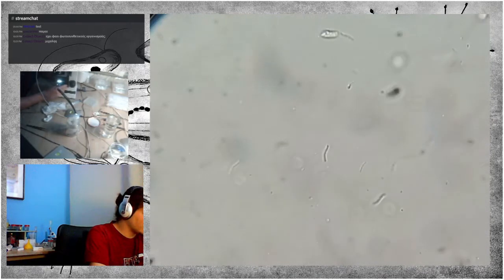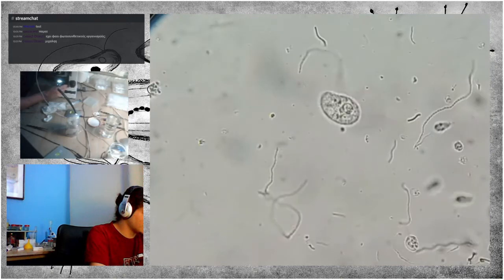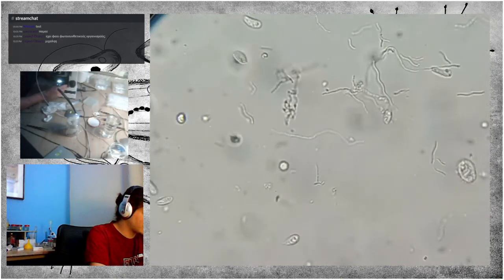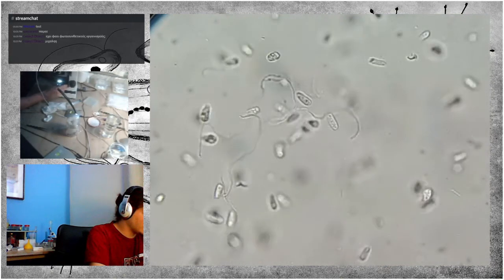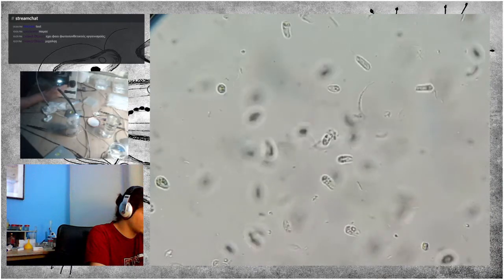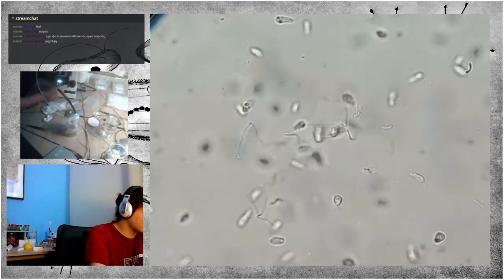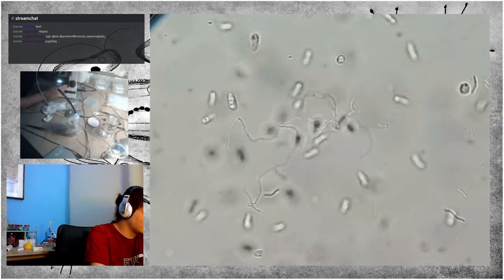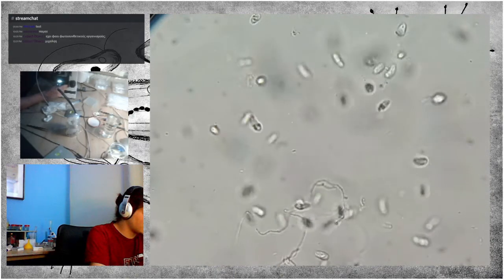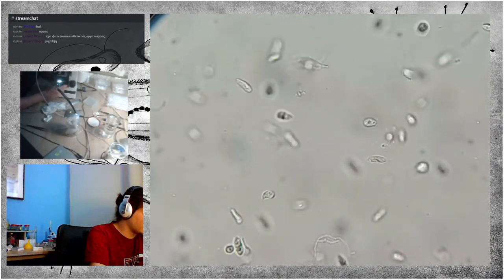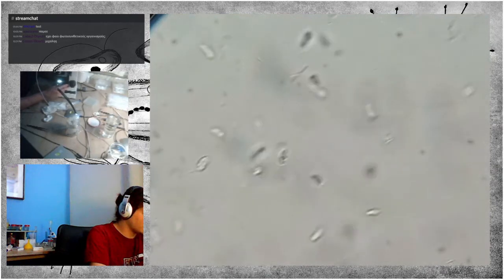No, oh, that was a larva of a copepod. Here is more of them. Those are flagellates, definitely, at least based on their movement.